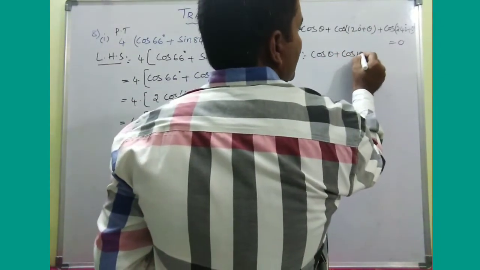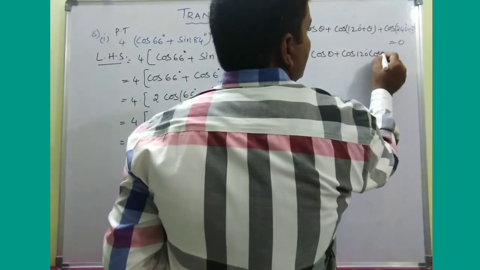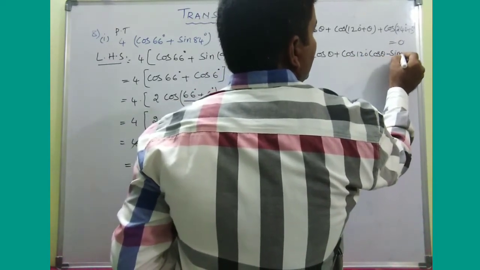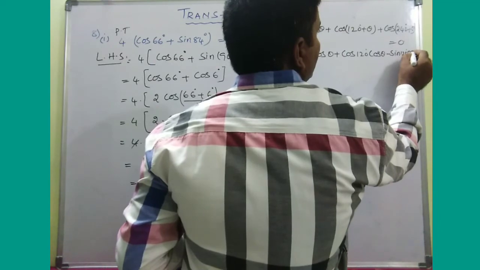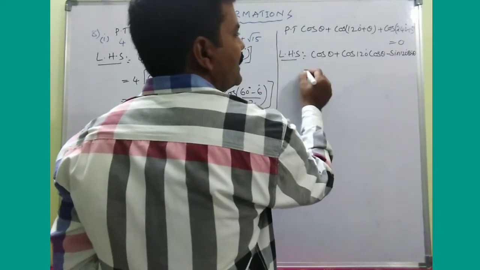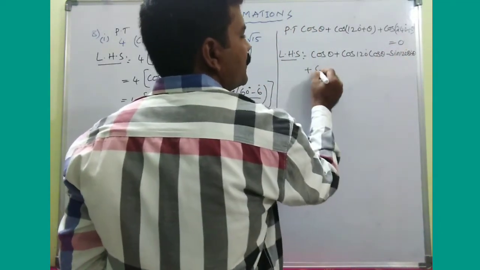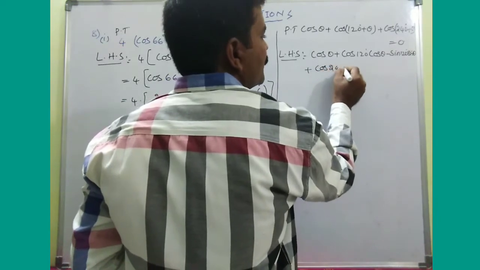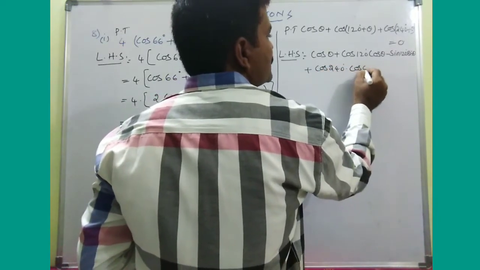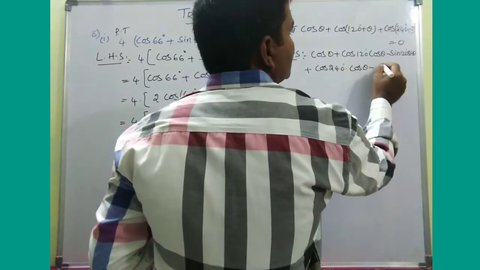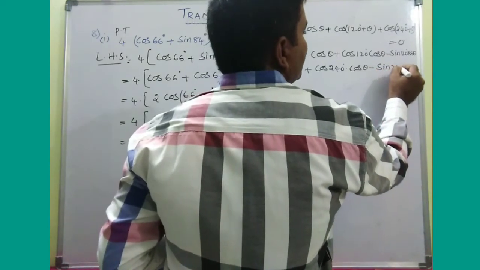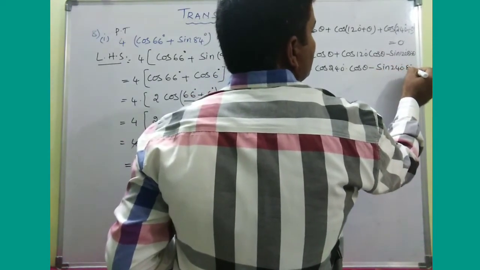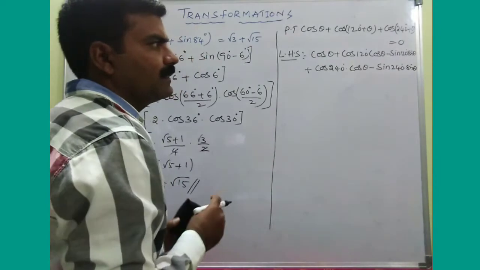So cos a into cos b minus sin a into sin b, okay, plus even cos of 240 plus theta also, cos 240 degrees into cos theta minus sin 240 degrees into sin theta, right?